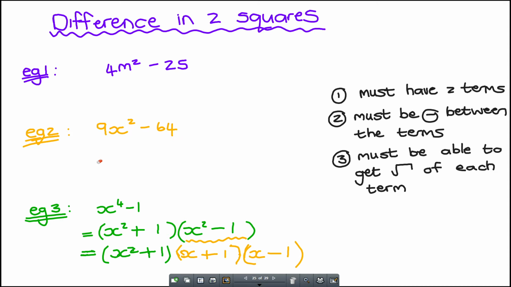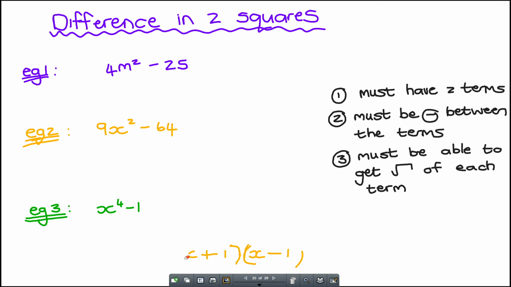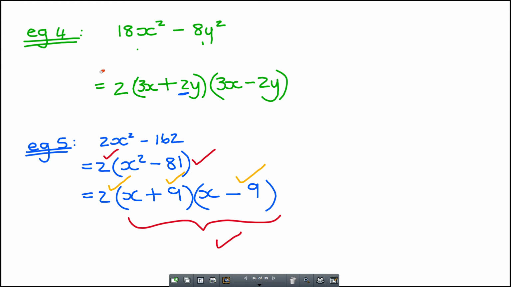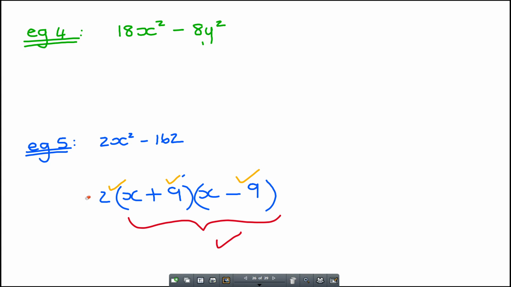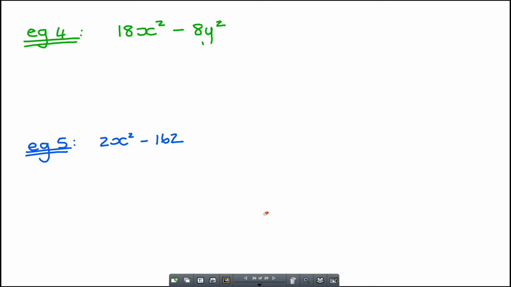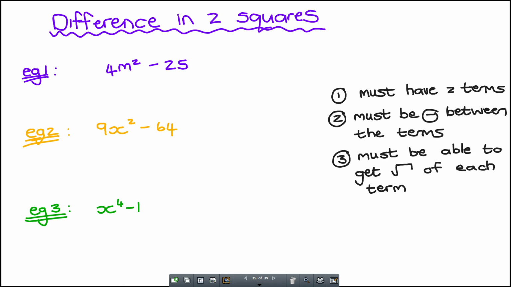Now I quickly want to run through, we'll do the slideshow just now. I just want to explain over here the next method of factorizing. Remember, right in the beginning, I made you write down 3 methods, right?